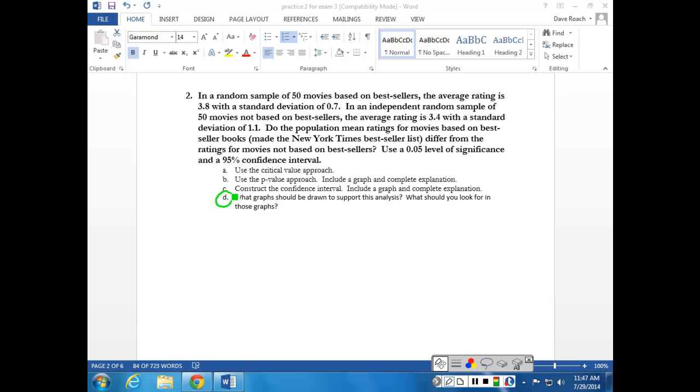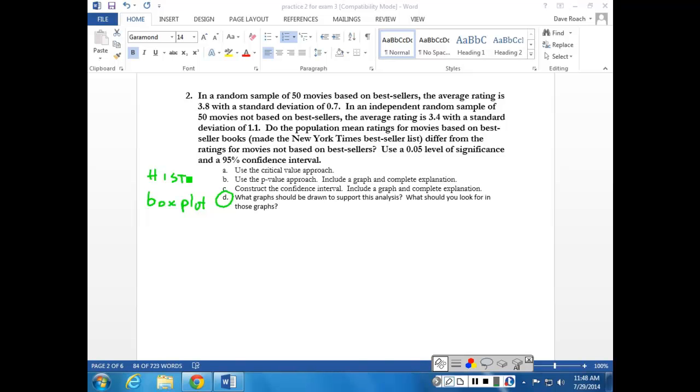It's a quantitative variable. So at a very minimum, you ought to have a box plot, a comparative box plot where you have both boxes on there. And maybe a histogram would be appropriate, or a pair of them.